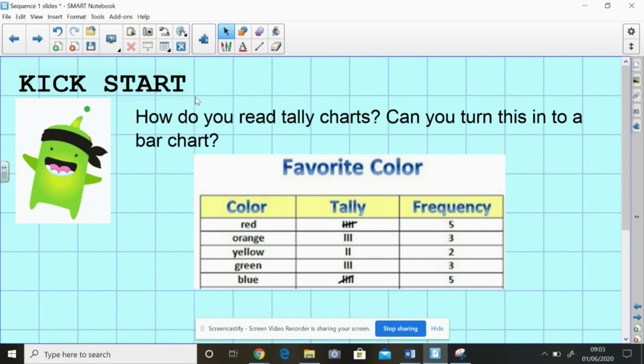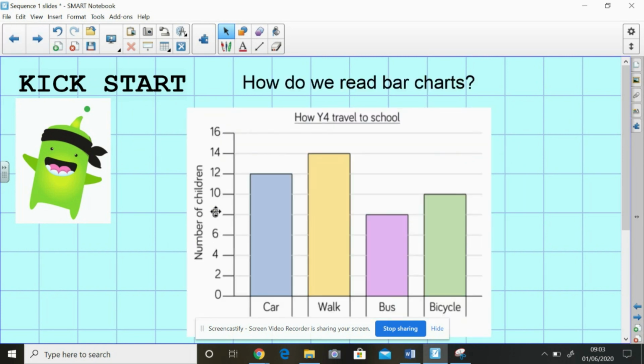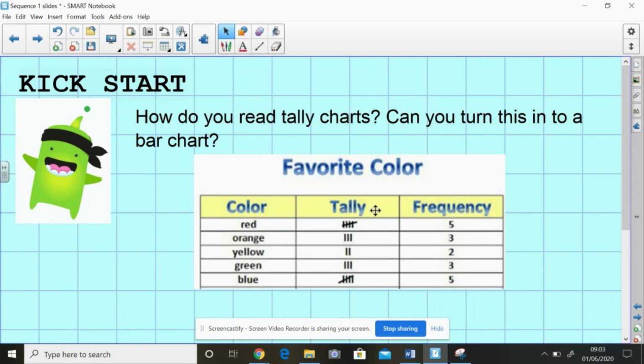Then our y axis would also be number of children. And then frequency, we don't put a frequency into the bar chart. So I want to see, can you maybe have a go at turning this tally chart into a bar chart? You could pause the video here before we look at the next one.